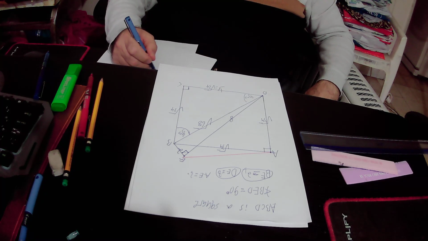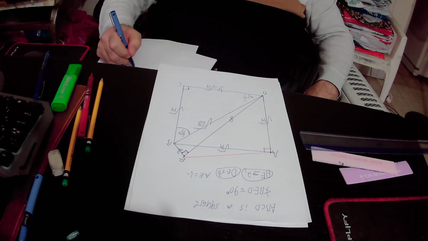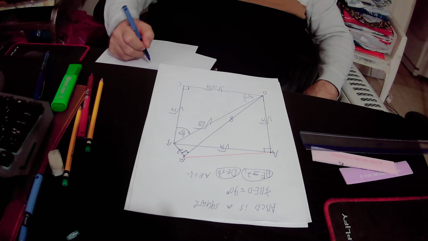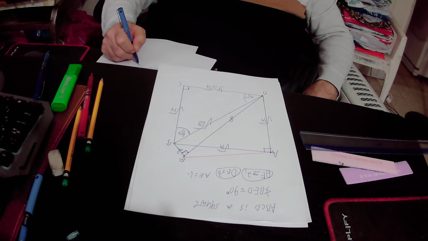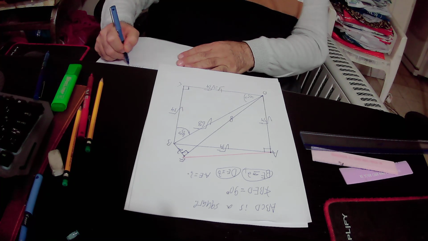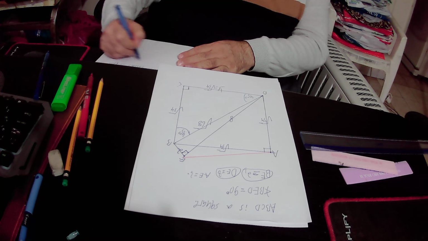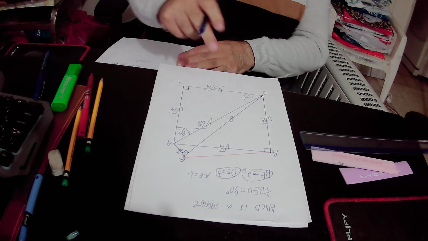Angle BAD equals also 90 degrees, and it is also subtended on line segment BD.